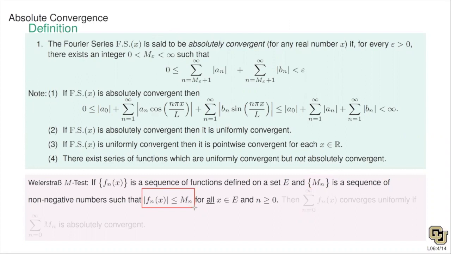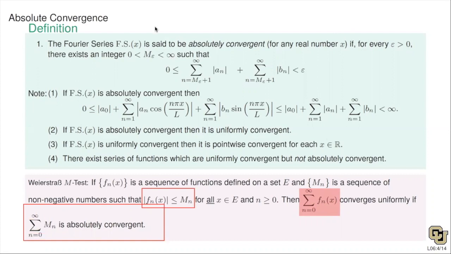for all x where the function is defined, then we can conclude that the series of functions will converge uniformly if the series of constants that it's bounded by converges. Here, this is just like a regular series from Calc 2, where it's just a series of constants. There are no x variables in there. Here, this is a series of functions where there's an x variable in there.